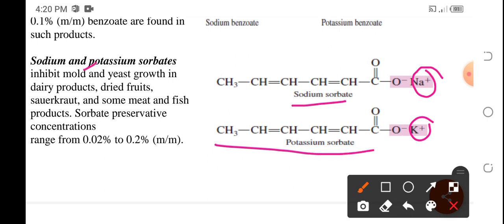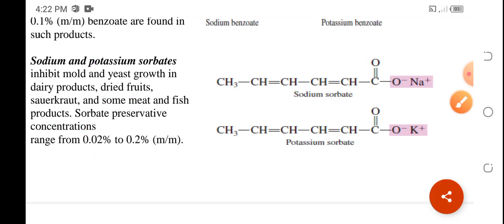These two inhibit mold and yeast growth in dairy products, dried fruits, sauerkraut, and some meat and fish products. Their concentration should only range from 0.02% to 0.2%. So only a very small concentration is needed for them to be added in these products.